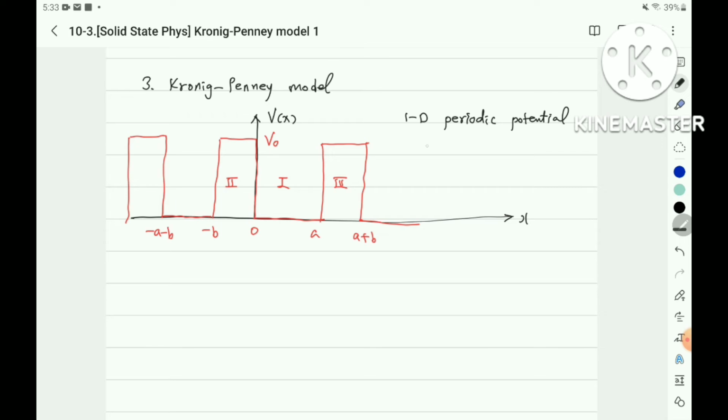V0 is the potential height, and b is the potential width, and a is the spacing of the potential, the spacing between two potentials.